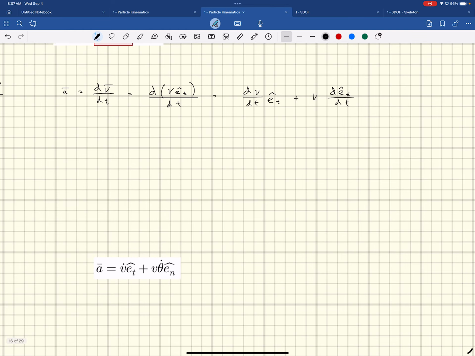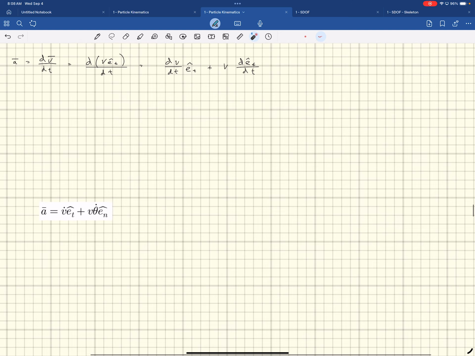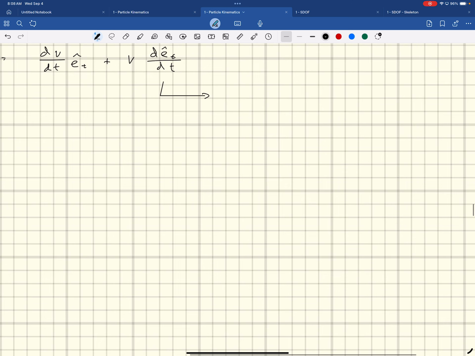In Cartesian coordinates, when we took the derivative of the coordinate system, it went to 0. In this case, though, it's not going to go to 0, because it's changing. ET does change, okay? And this is where the stuff we talked about on the page before comes in. I'm just going to write it down here, and then I'll go back and show you what it is.